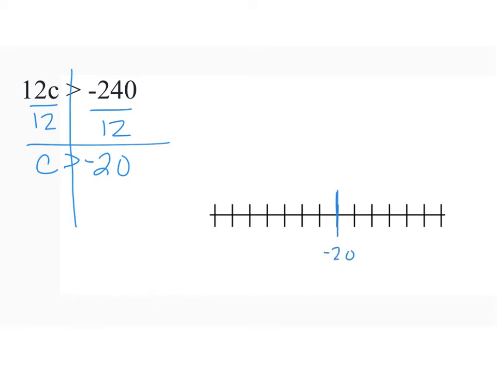I'm going to do one number that's greater, so negative 19, and one number that's smaller, negative 21. I'm going to put my circle, and it is going to be an open circle, and since c is any number that is greater than negative 20, I'm going to shade in the direction of greater than negative 20, or again, use your little arrow trick.